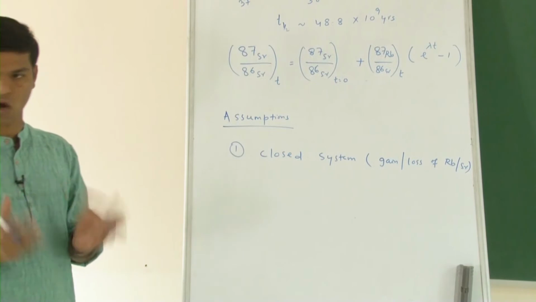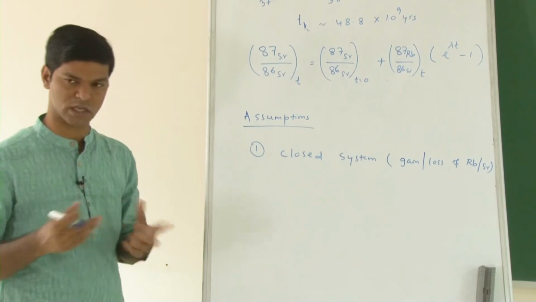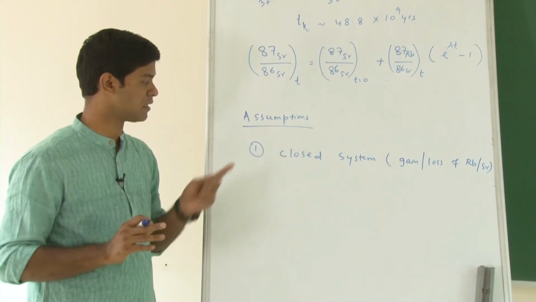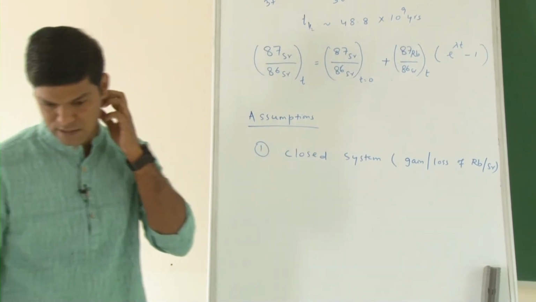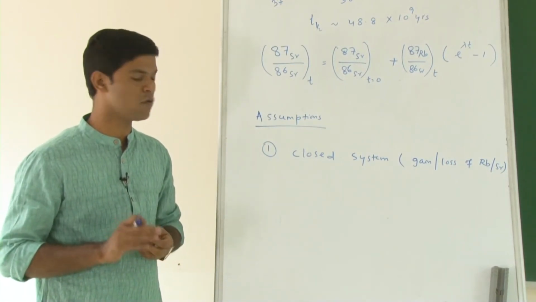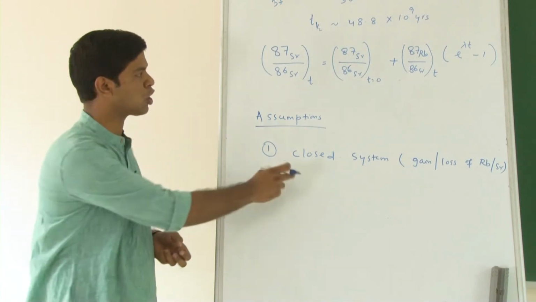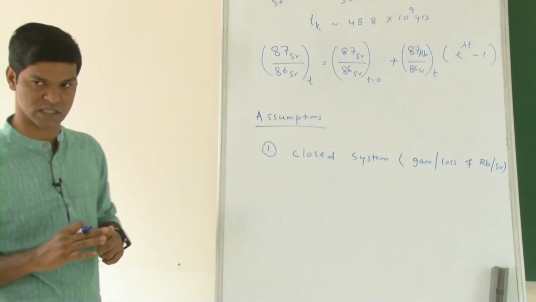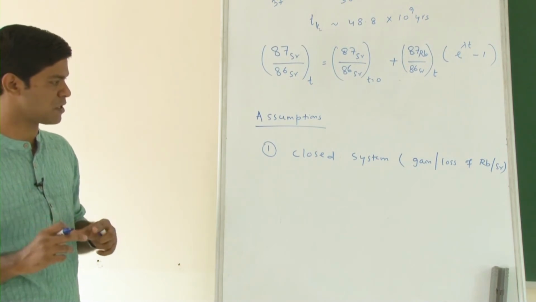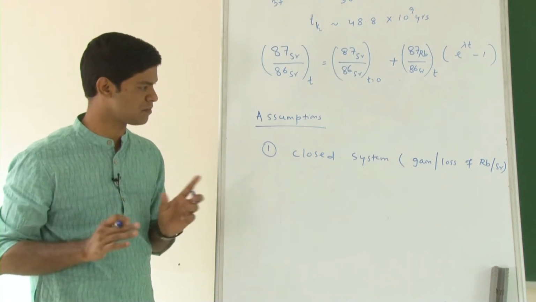So, once the rock has formed, since its formation there is no additional strontium supply or removal of rubidium or strontium from the system. If that has happened, like more often what happens is that surficial weathering processes can create removal of rubidium or strontium from a system. If those kinds of processes are happening, then you will not get an isochrone because the system is disturbed. In that case, you need to carefully evaluate each of your samples to ensure that what you are analyzing has remained in a closed system since its formation.